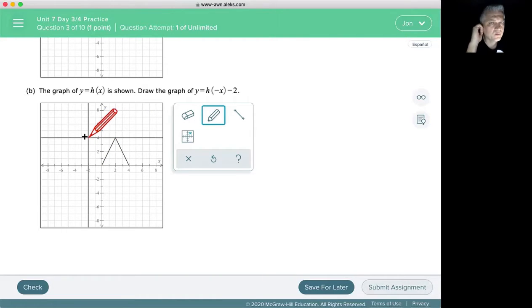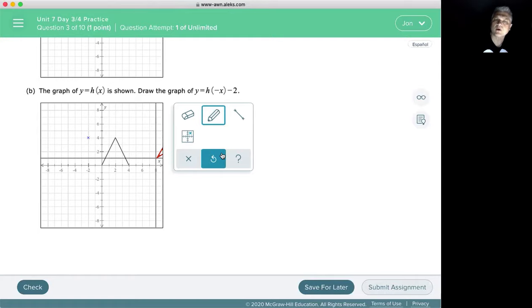So we have the negative taken care of, and why don't we do all 3 of them? You don't have to do them out quite like this if you don't want to, but that's okay. All right, so if I change the sign of the x for this point, 0, 0 is going to stay 0, 0. And then if I change the sign of x for this point, it goes from 4, 0 to -4, 0. So there's the 3 points.